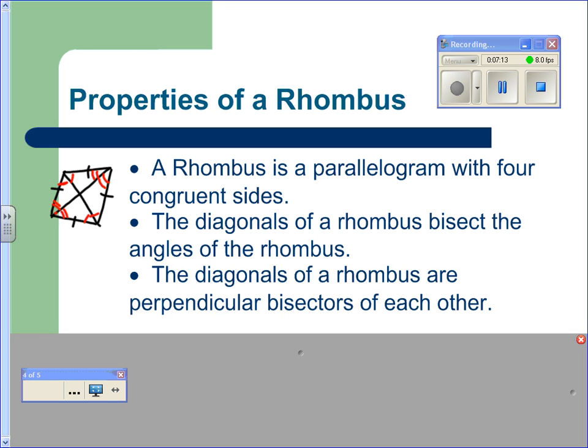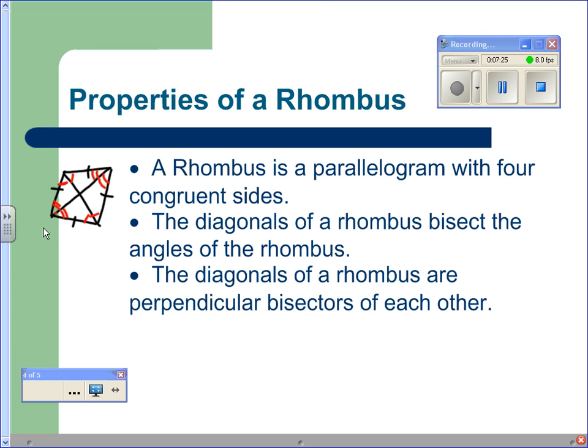Okay. The diagonals are also perpendicular to each other. So that rhombus, how many triangles are in the rhombus? 4. And what do we know about all 4 of those triangles?